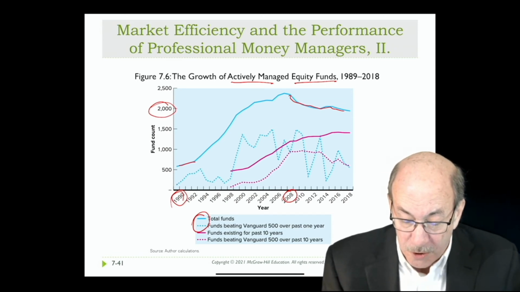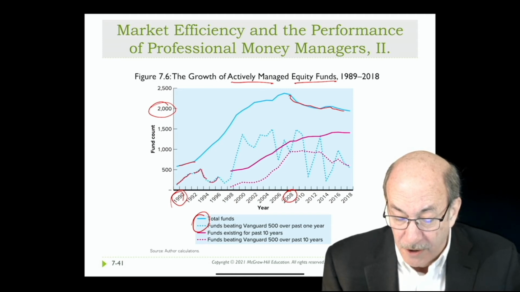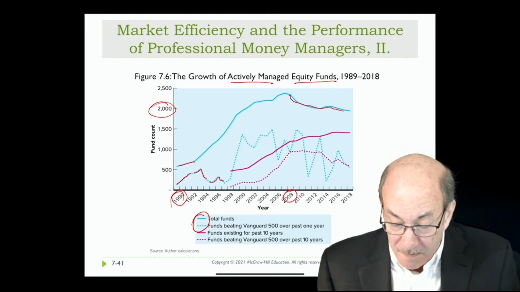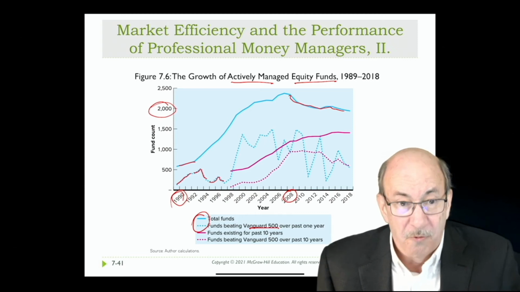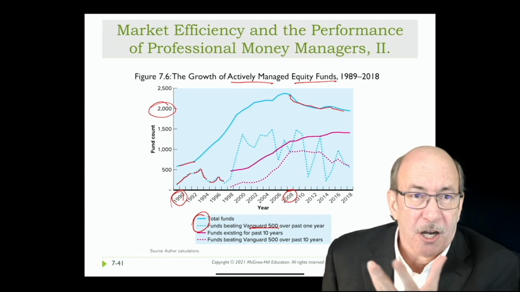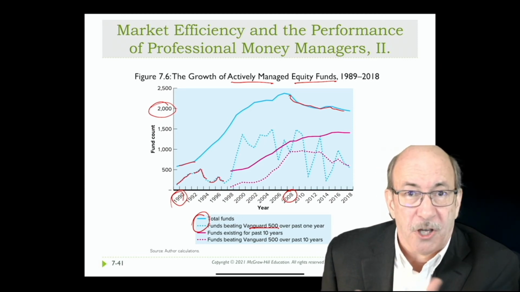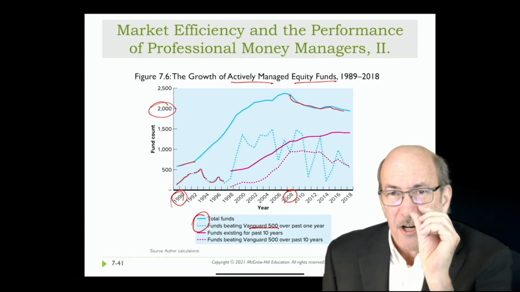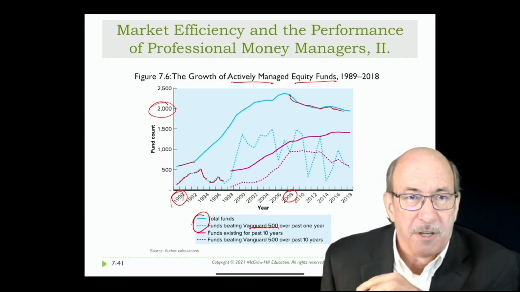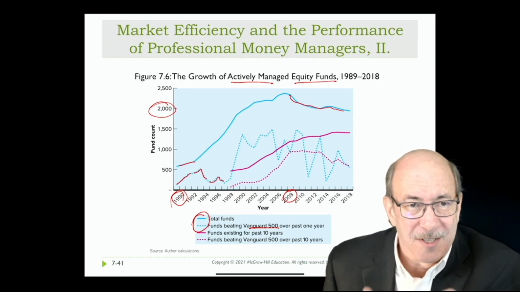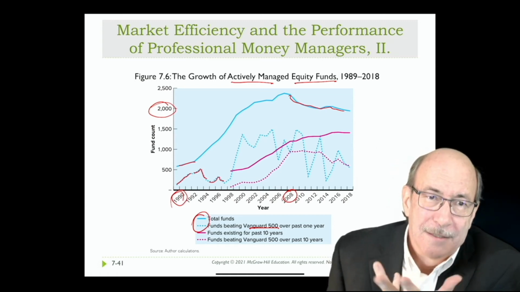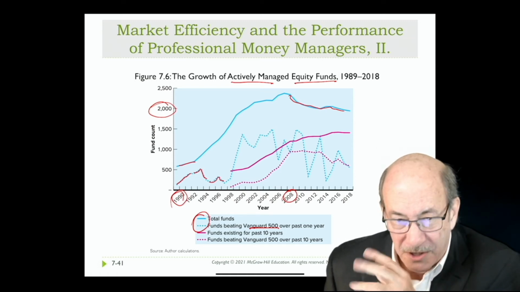This dashed blue line is the number of these funds that actually beat what your authors call the Vanguard 500, which is a mutual fund that tracks, with a very, very small tracking error, the S&P 500 index. I don't know why they didn't just say the S&P 500 index, but you get the idea.